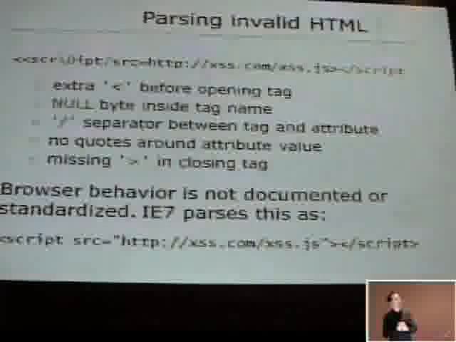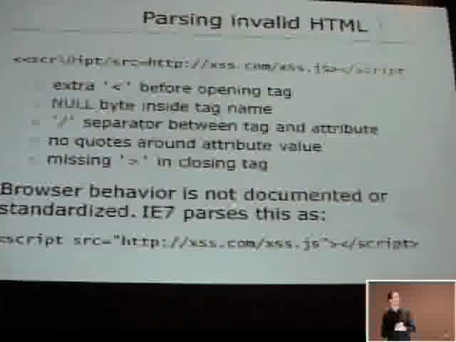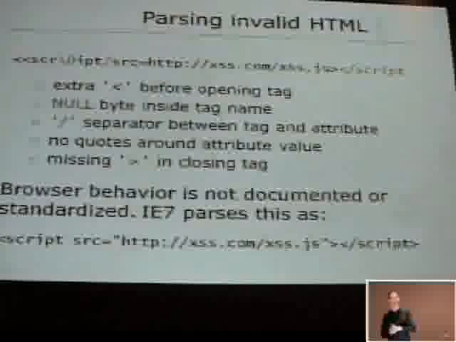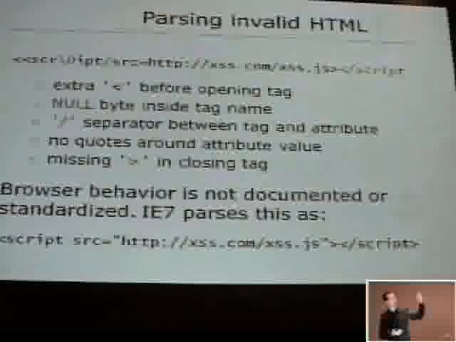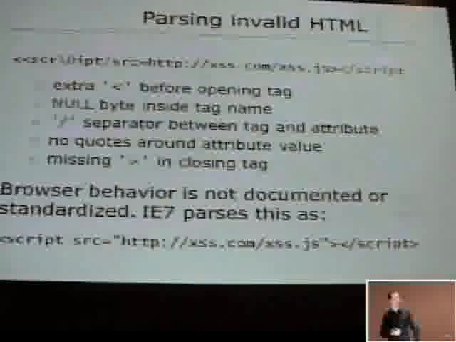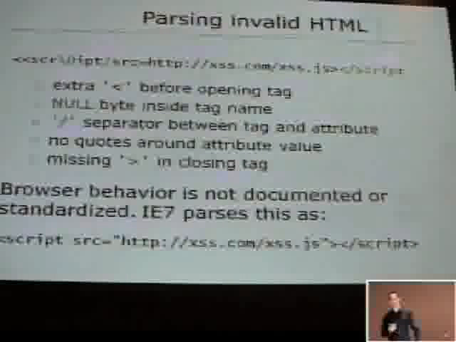It shows 5 different ways you can bypass filters if they don't parse the HTML the same way the browser does. So here we have an extra less than sign before the opening tag. We have a null byte inside the tag name. This is interesting.